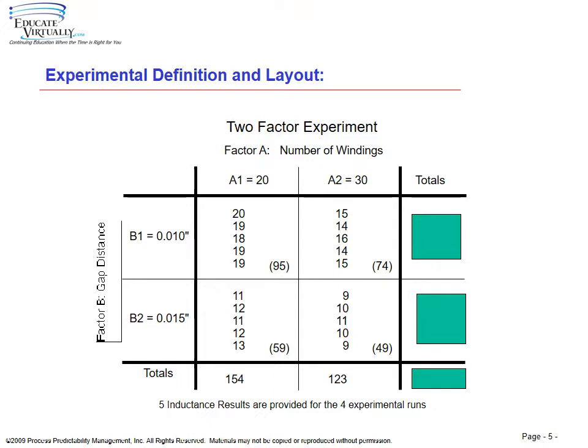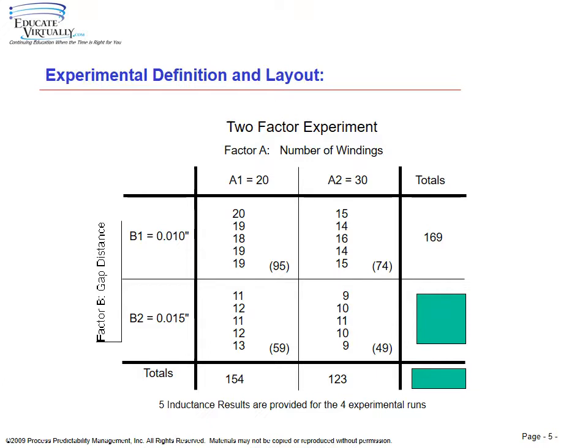So that's adding up all of the inductance values at 30 windings. Then we go across the experiment now, and let's get the total for B1 when we had a 10 thousandths gap, and we get a value of 169. So that is the total of all of the inductance values when we had a transformer at a 10 thousandths gap.